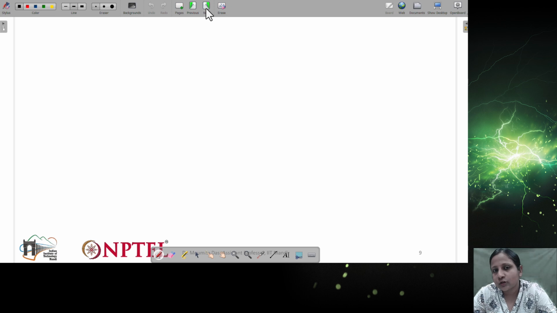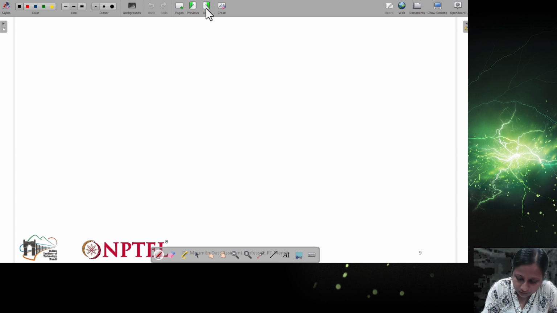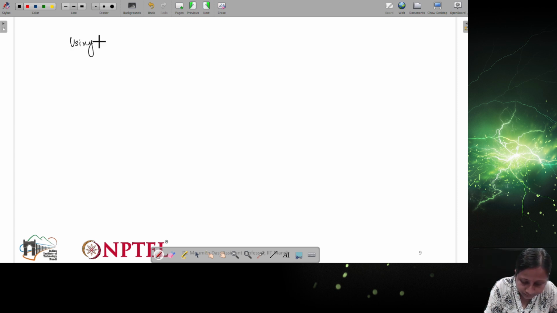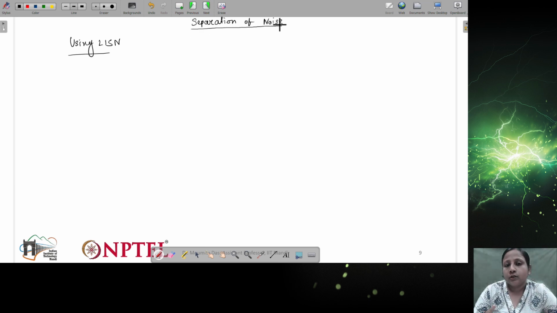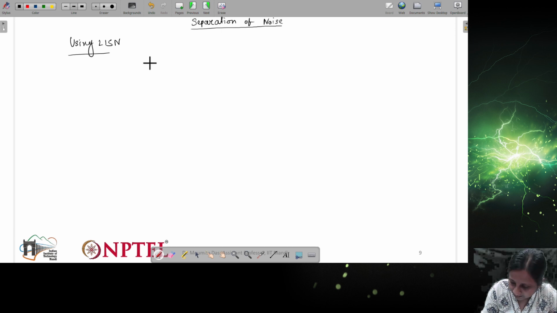For separation, there are different methods people can use. I'll tell you about two methods using LISN. If we want to separate the noise using LISN, the configuration of the network should be like this.